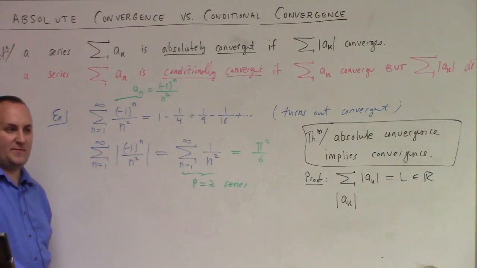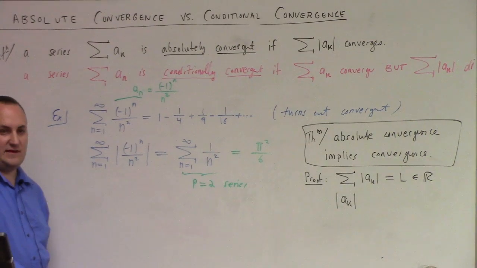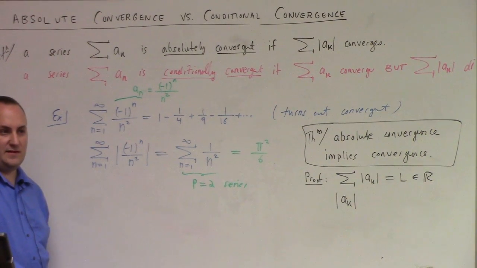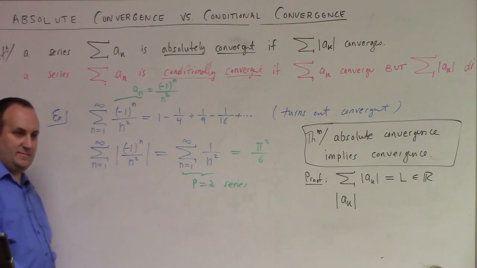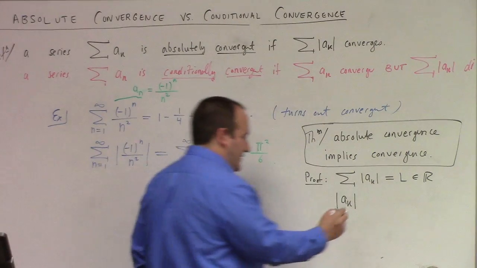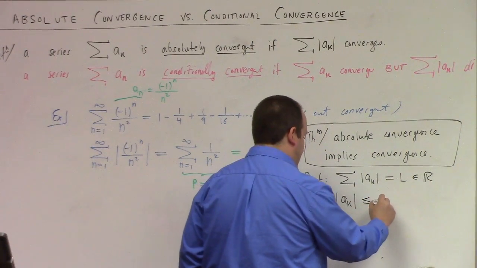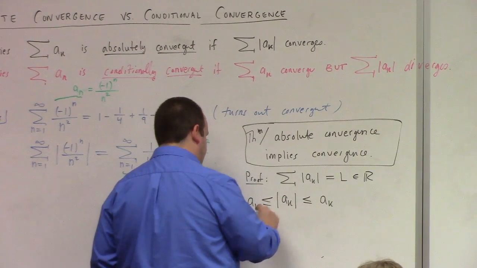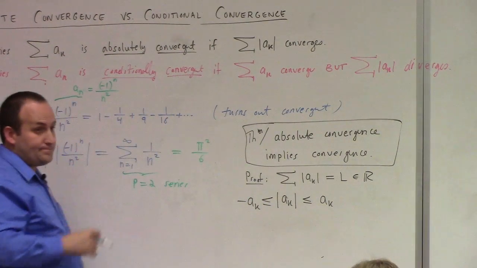If a sub k is positive, it's equal to it. If the term is negative, it's minus a sub k. So you can pretty easily see that this is less than or equal to a sub k, which is greater than or equal to minus a sub k.